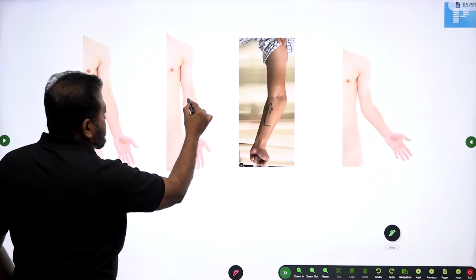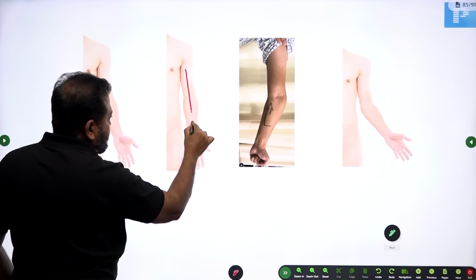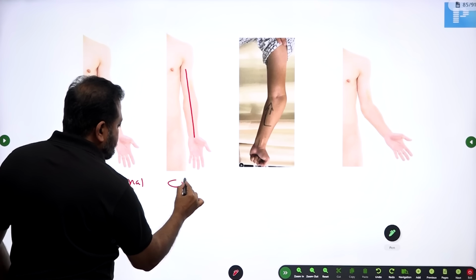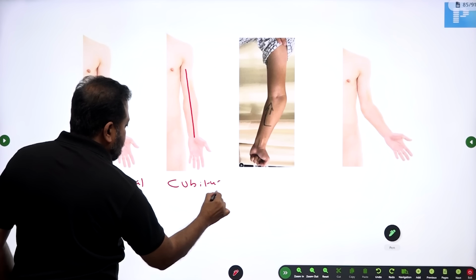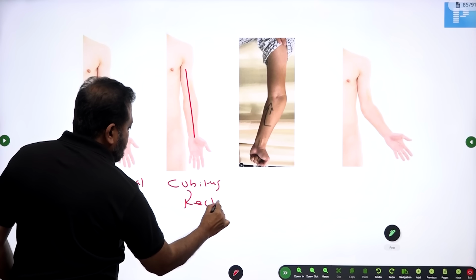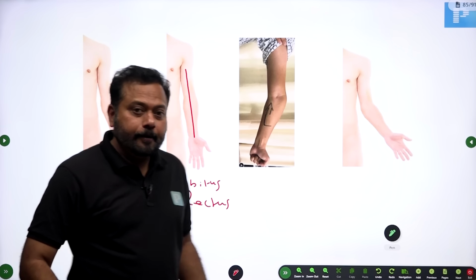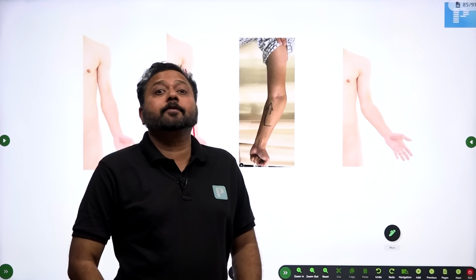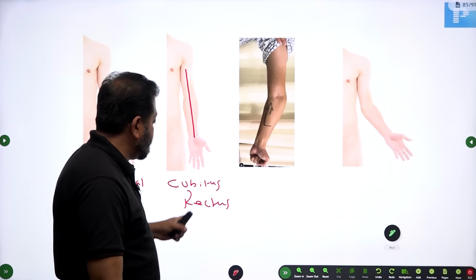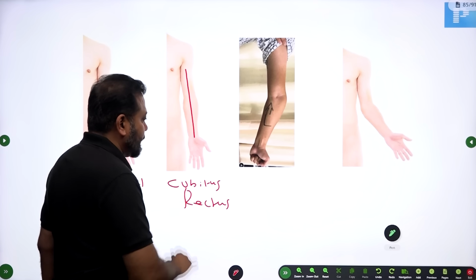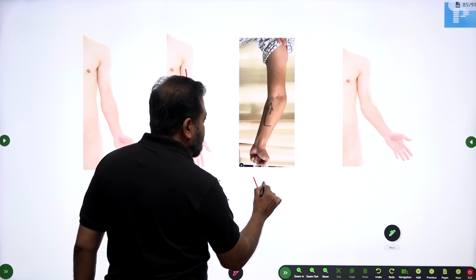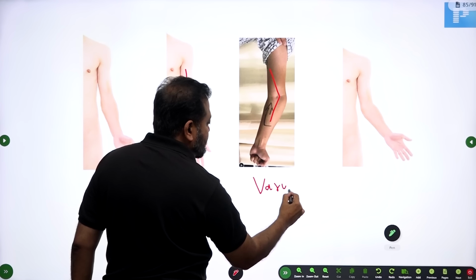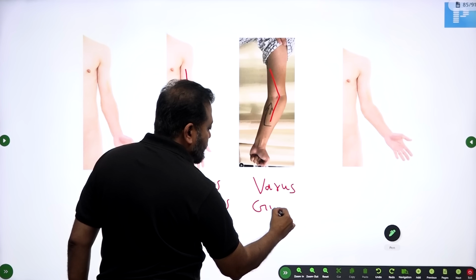This is straight, called cubitus rectus. Rectus means straight. That is why this muscle is called rectus abdominis. This is where the carrying angle is decreased, called cubitus varus, otherwise called gunstock deformity.